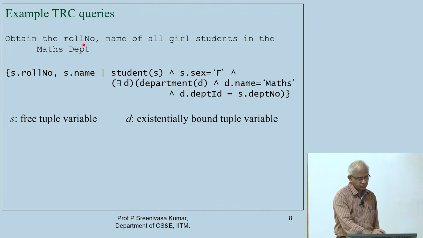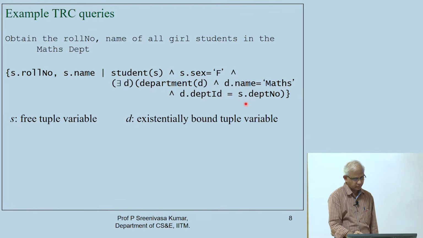Okay. So, to obtain the roll number and name of all girl students in the maths department, since we require information about students, we introduce a free variable s for student and use it in the predicate Student(s), and then we go about specifying the various conditions that we require.